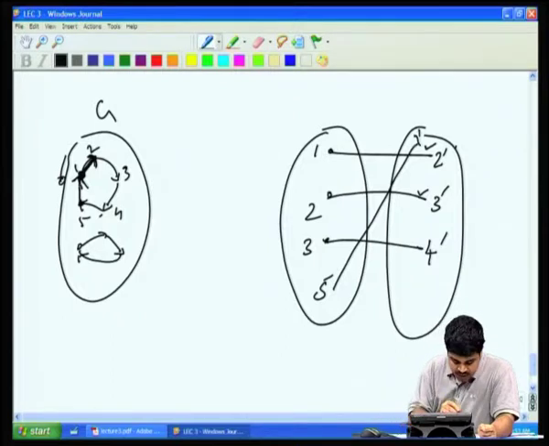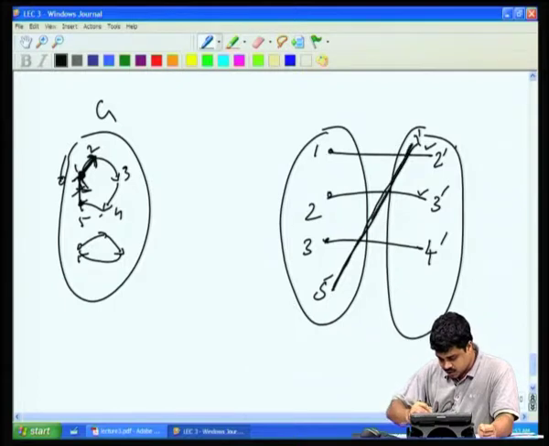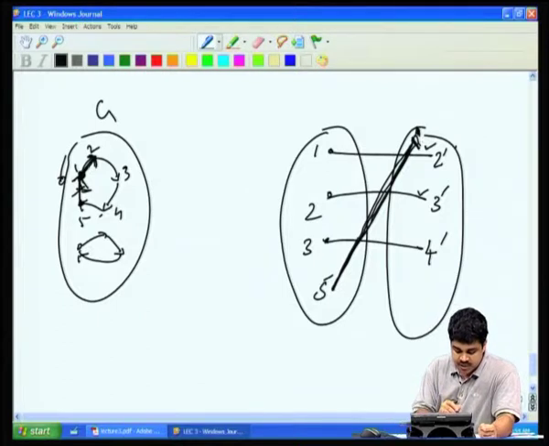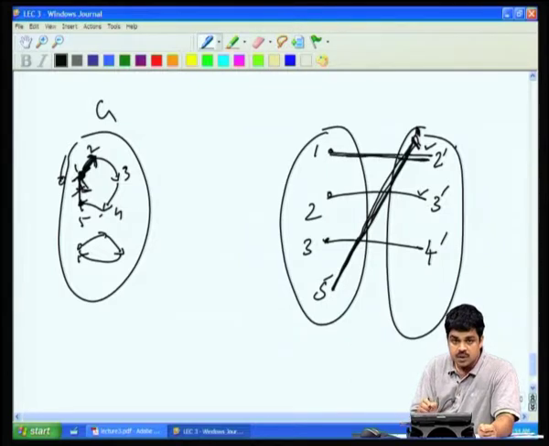So, this incoming edge will translate to a 5 1 dash edge which will touch 1 dash, while the outgoing edge will translate to a 1 2 dash edge here, right.